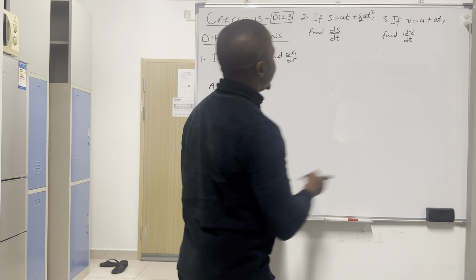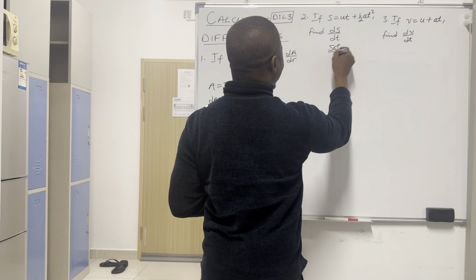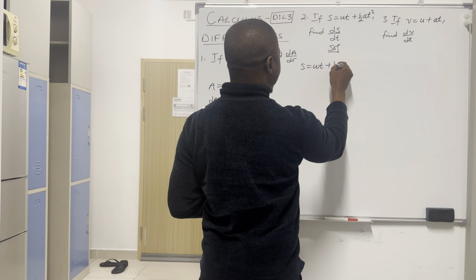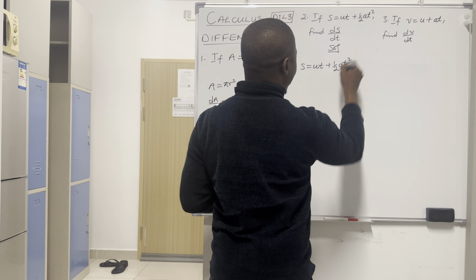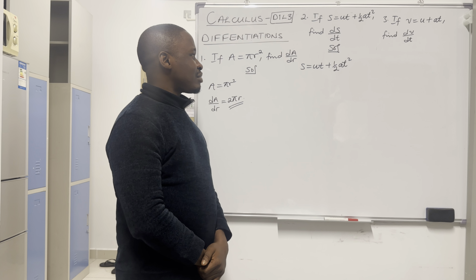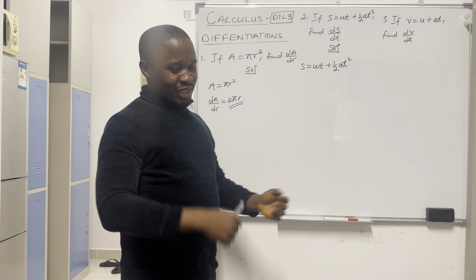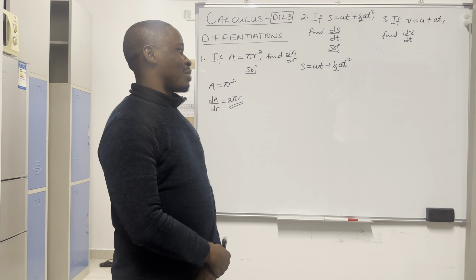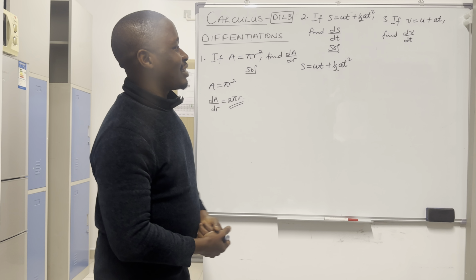Here we are given s equals ut plus half at squared. This is one of the equations we talk about in motion, in mechanics physics.